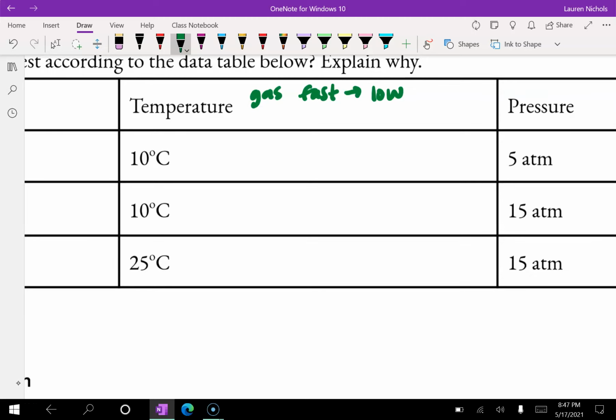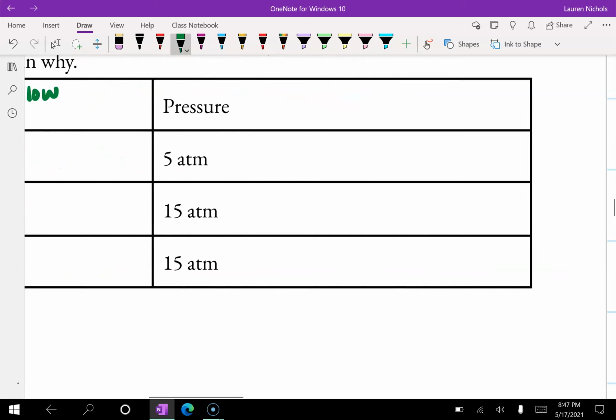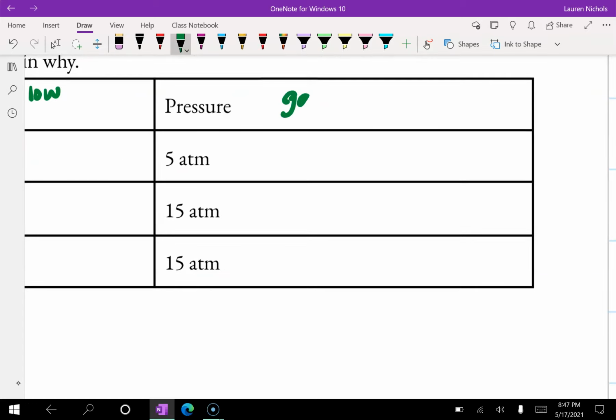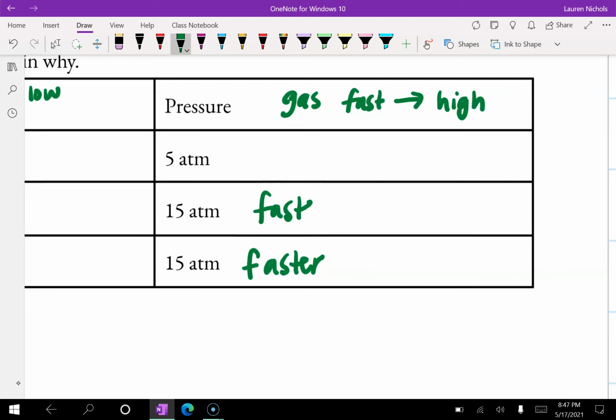So 10 is lower than 25. So we're going to label these fast, fast, and slower. And if we look at pressure, for gases, if you want to move fast, you need to have a high pressure. So that would make these faster, faster, and slower.